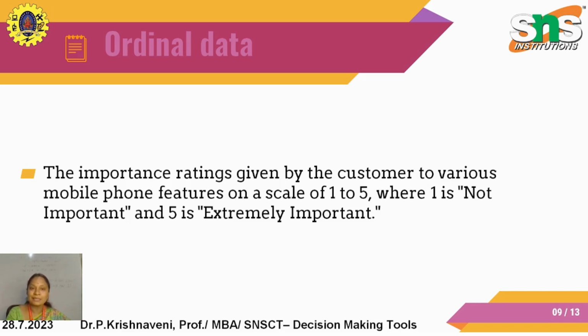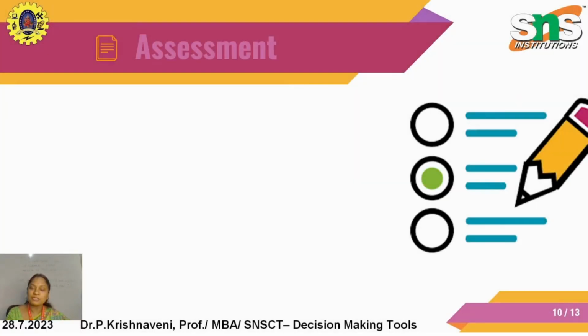These scales give some meaning and help us to categorize the customers: how many customers feel that a particular factor is extremely important in making their mobile phone purchase. All these things have meaningful information and follow some order, which supports us.